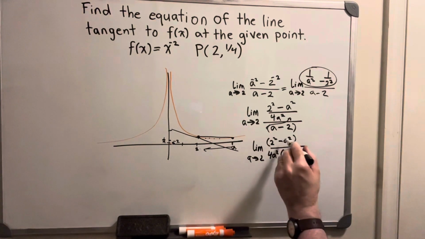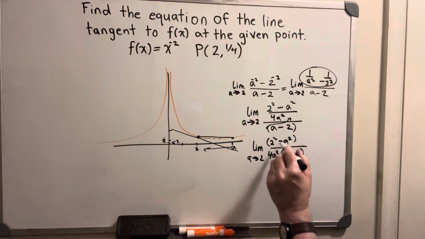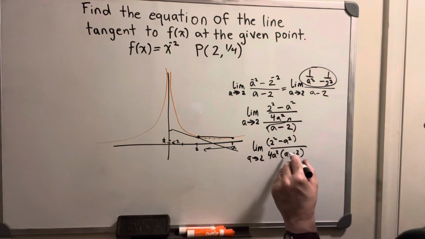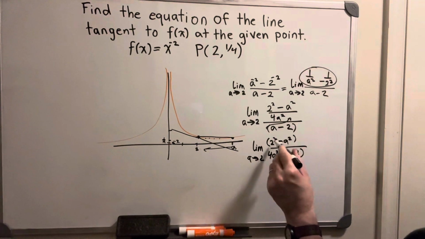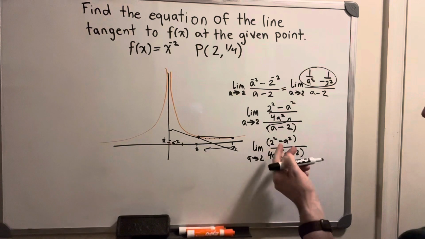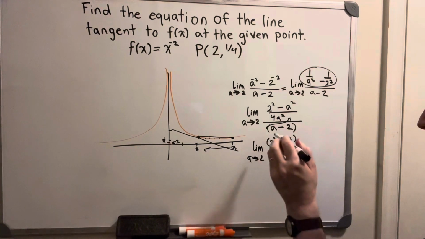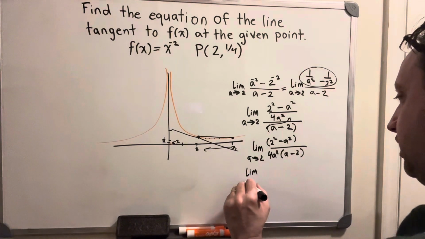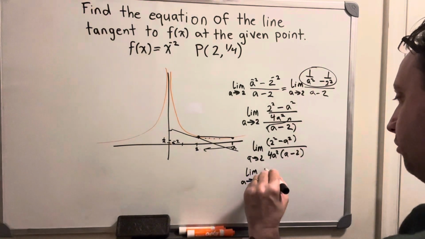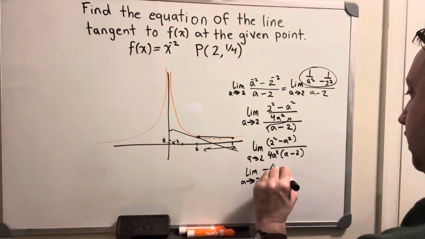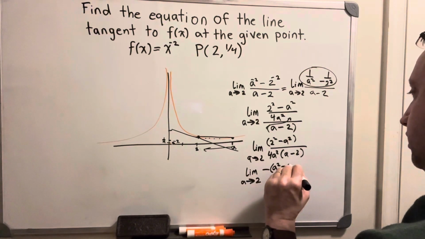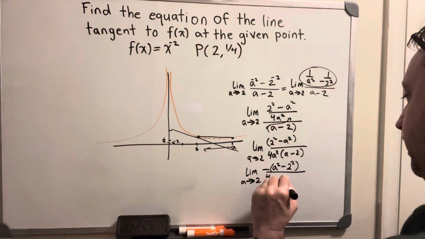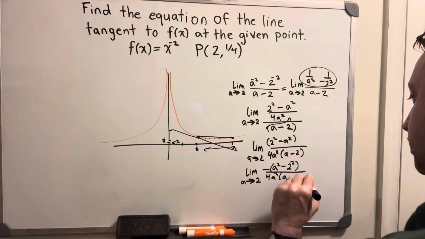Now we have a difference of squares that we can do something with. But in advance, I noticed that I want a squared minus 2 squared. So I'm going to flip this around and put a negative sign in front. So we have the limit as a approaches 2 of minus a squared minus 2 squared over 4a squared times a minus 2.